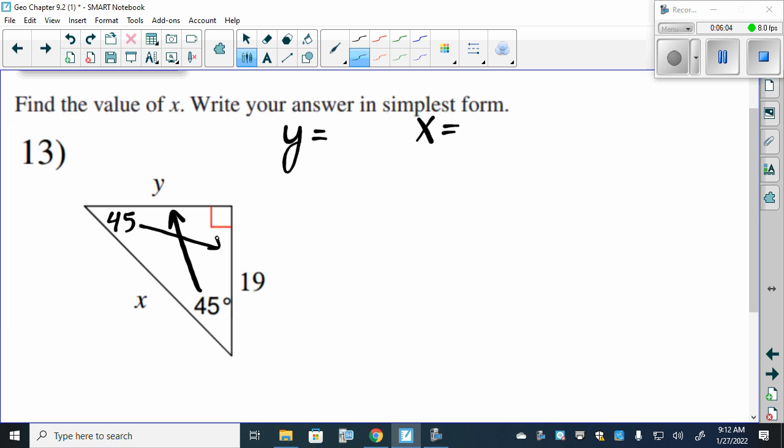Do we know one of the variables? Which one do we know? Because these two side lengths are going to be the exact same thing, which means we still need to find the value of x.